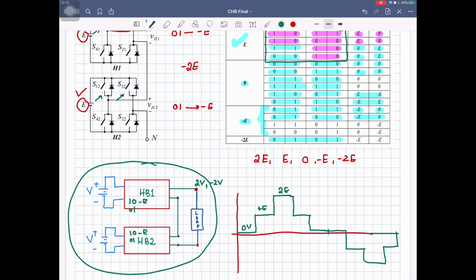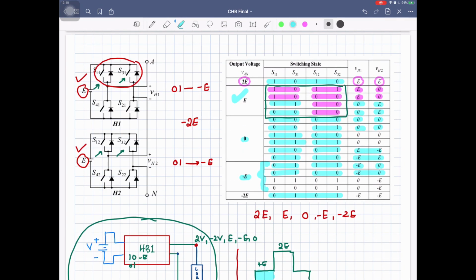And to get V, you will get V from either the upper one or the lower one. So these are the possible voltage levels that you can get from this inverter, and you will have to apply the switching combination in a sequence so that you can get this multi-level output voltage waveform.